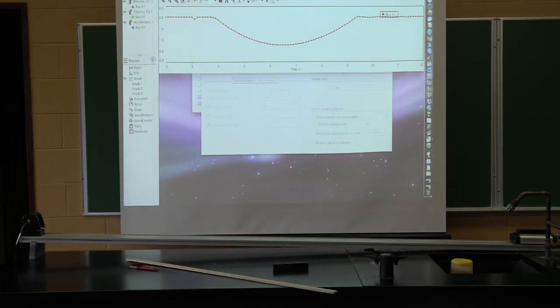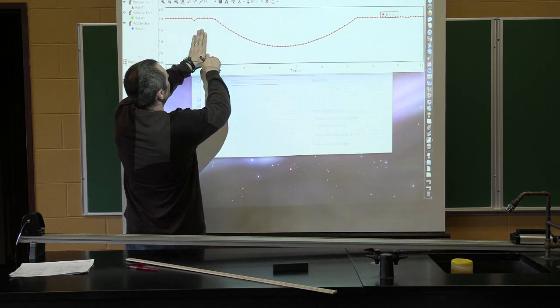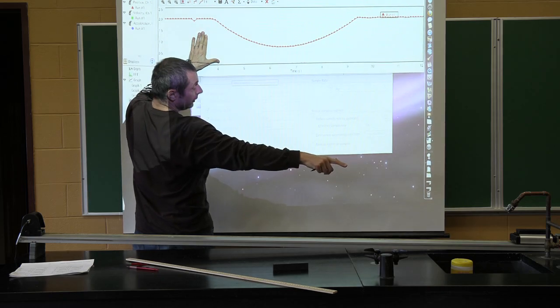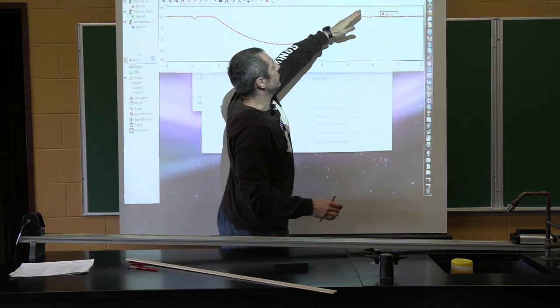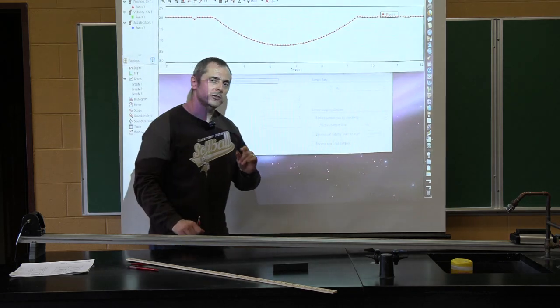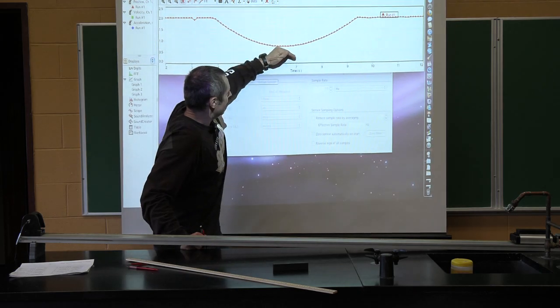So, physically, we can interpret this by saying it started far away, not there. If it started here, the graph would start at the origin. It starts away from the origin because that's where it started. It gets closer as it's coming up, and then it gets further away. And it has to be a curve because it's accelerating, not my straight line.